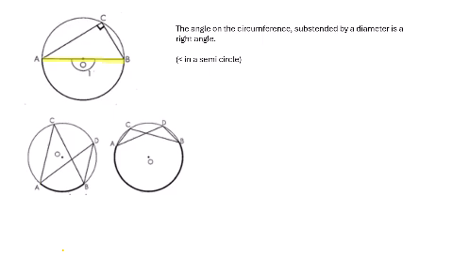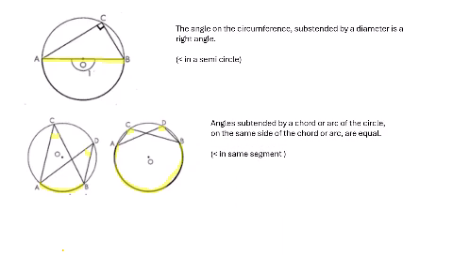Now the next one, if we look at arc AB, it subtends angle C and angle D, and they are equal. Again we're going to say angles subtended by a chord or the arc of a circle on the same side of the chord or arc are equal, and for this one we are going to say angle in the same segment.